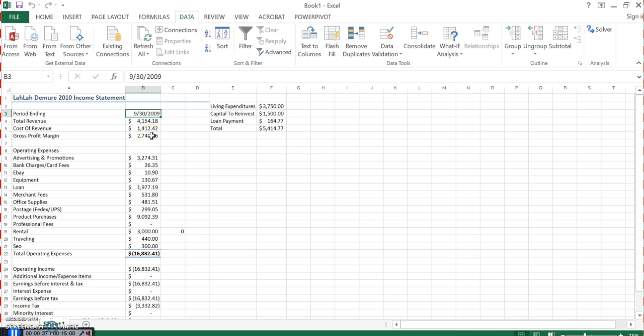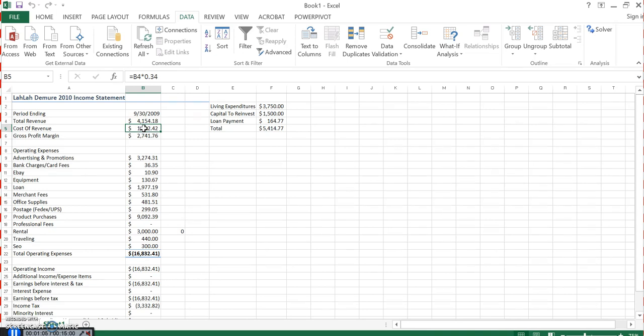First and foremost, the information on this income statement is from the fiscal year ending September 30th, 2009, followed by total revenue, which was 4154. They generated that amount for that year in total. Now, cost of revenue, you'll see that there's a formula here.